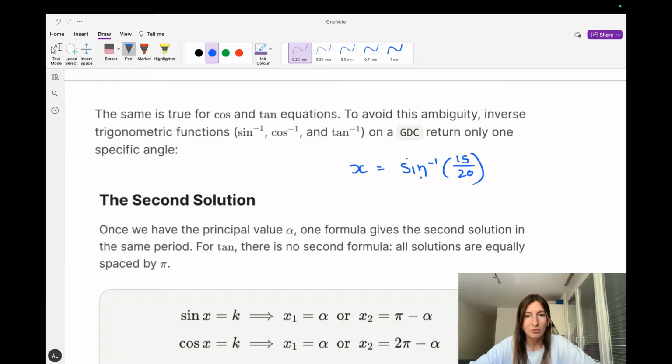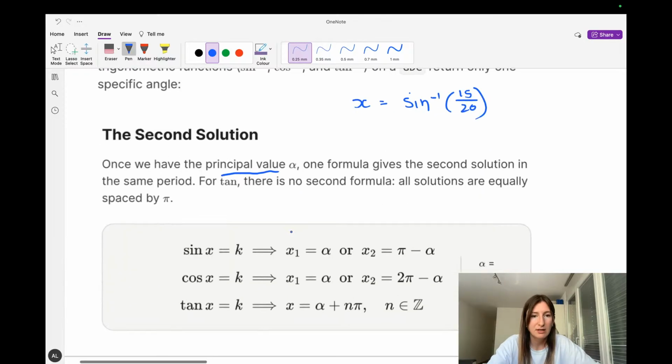Your calculator, when you put it in, is only going to give you one value, just one answer for this, because it's only programmed to give you what we call the principal value. So it's not going to give you those infinite solutions. It doesn't know how to do that. So you are going to get the principal value, and from there, you're going to use different methods to figure out what the rest of the solutions could be within your domain.